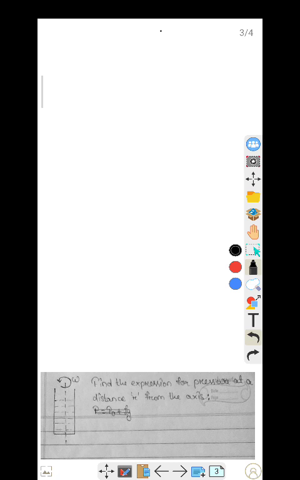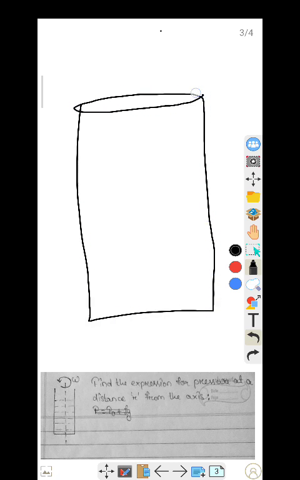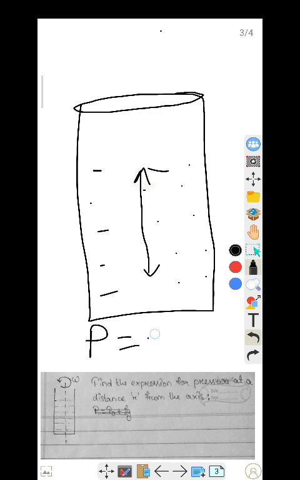See, if we consider a cylindrical container containing some liquid, then we know that pressure at any depth h is given by the expression rho g h, where rho is the density of the liquid, g is the gravitational acceleration, and h is the depth from the open surface, right?